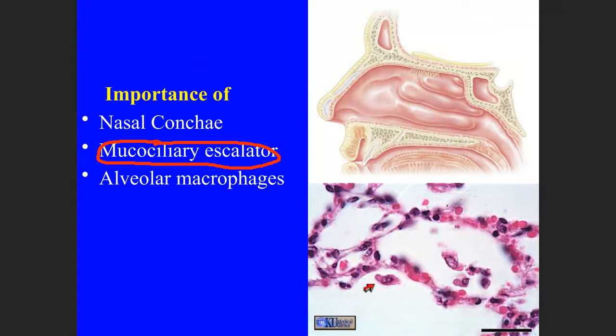Also, in your lungs, you have white blood cells called alveolar macrophages. This is an example of one. What these alveolar macrophages do is phagocytose any bacteria or virus that gets down in there, to prevent it from spreading anywhere else.